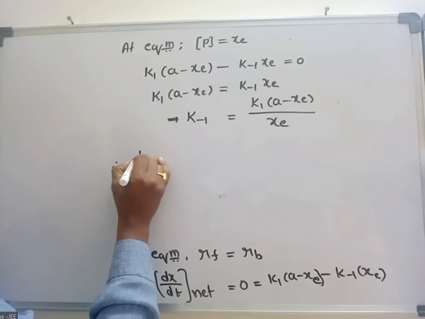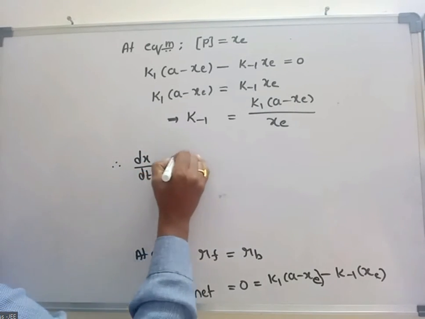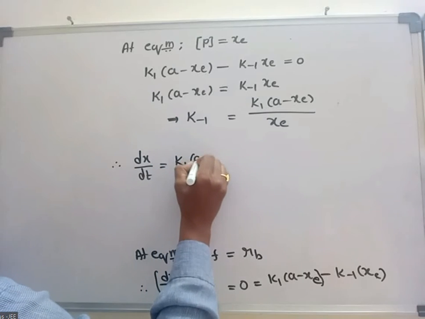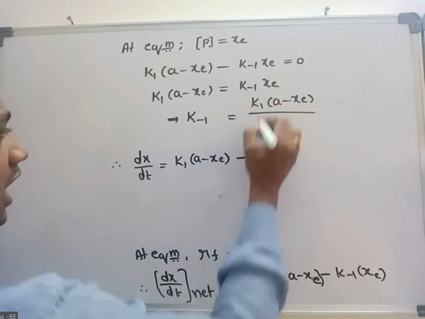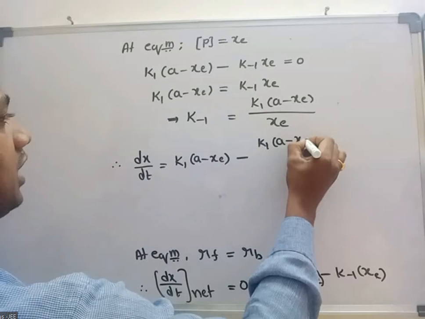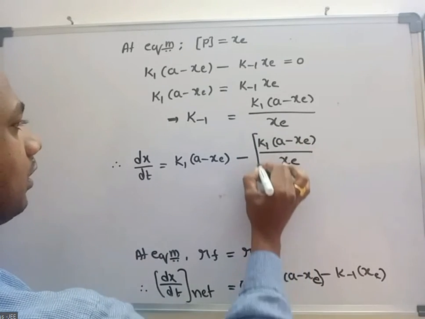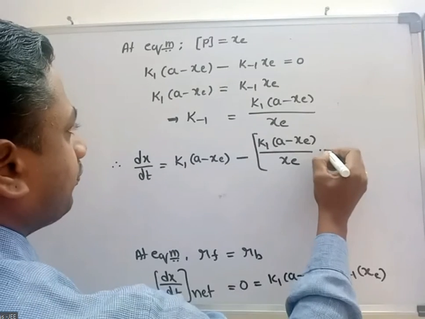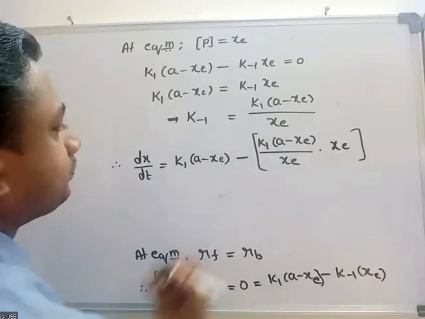Therefore, rate of reaction dx by dt equal to K1 into (A minus Xe) minus K minus 1, which is K1 into (A minus Xe) by Xe, into Xe.